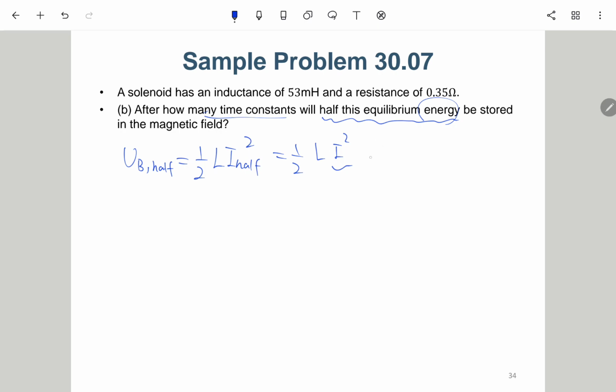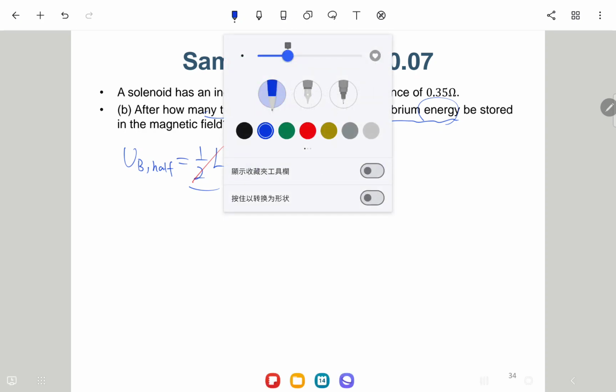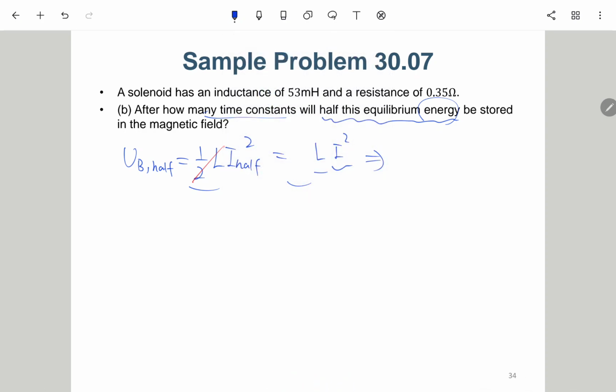We can see that the L doesn't change, the 1/2 doesn't change, so in such a way we can cancel these. I have skipped the 1/2. So it should be 1/2 of this one.